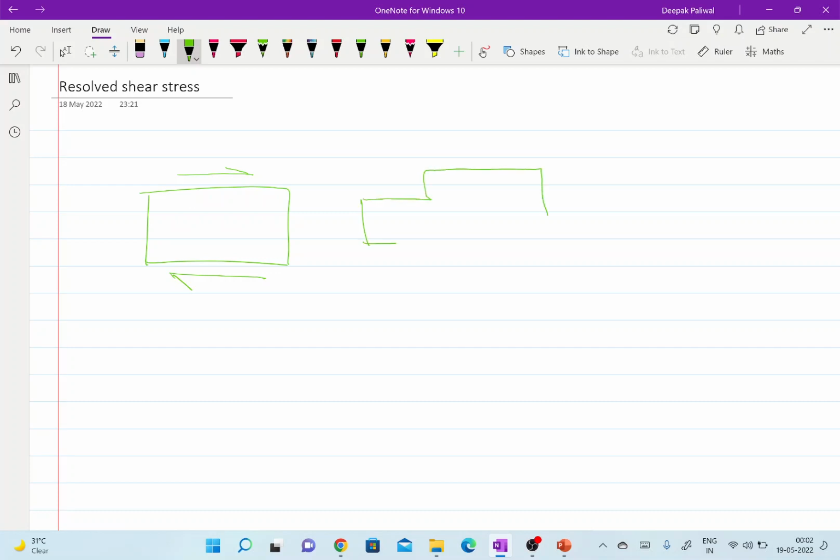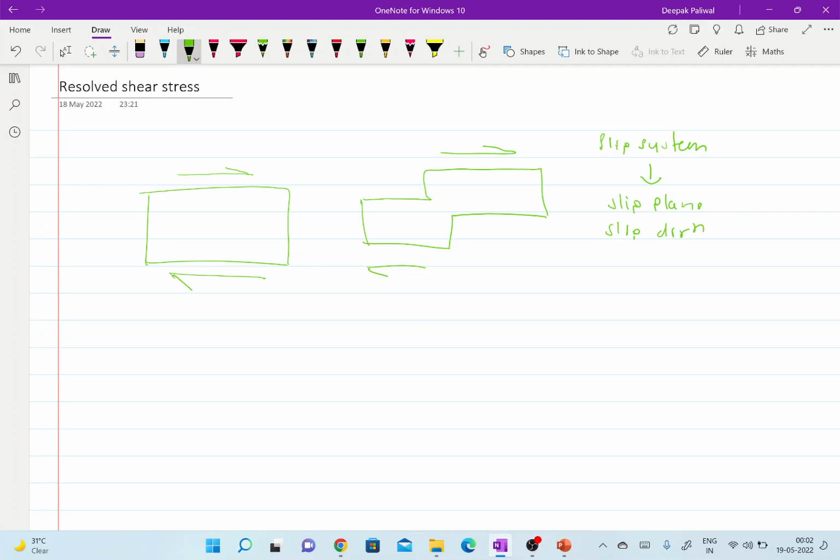Suppose the deformation is happening like that; this is only possible with the help of shear stresses. At the micro scale, the deformation is happening with the help of slip systems, which we have already discussed, the combination of the slip plane and slip direction.